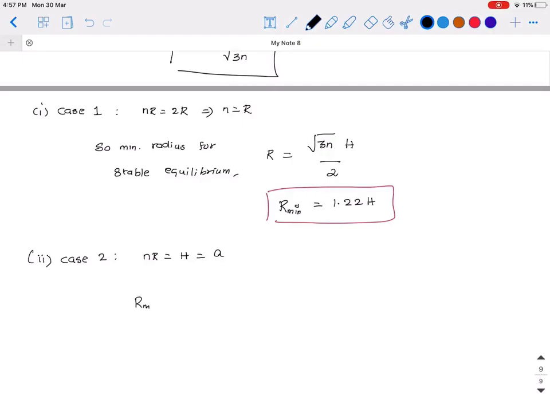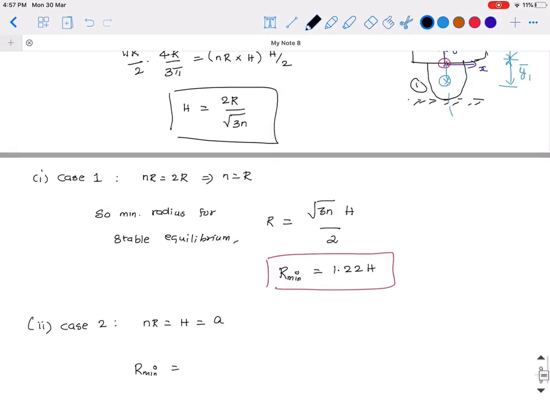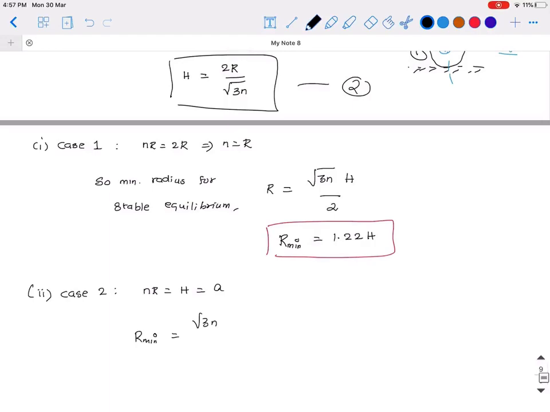So r minimum, you substitute this in the equation 2, you get square root 3n by 2n times r min. Okay, h is n times r min, so it implies n is 1.1, so our r minimum is 0.9086 h.